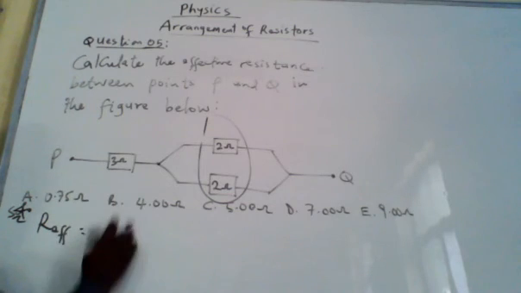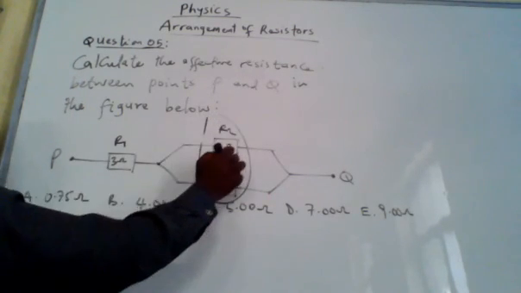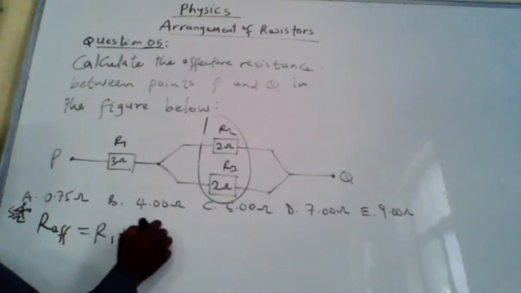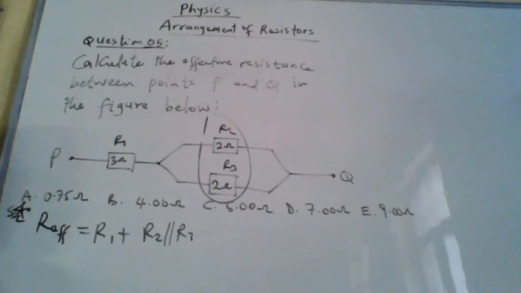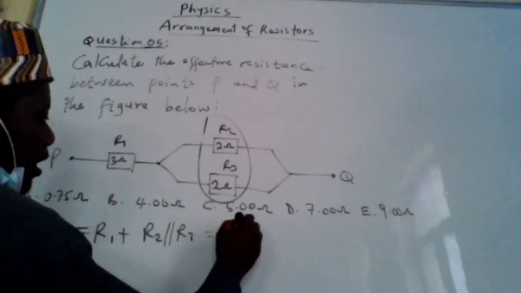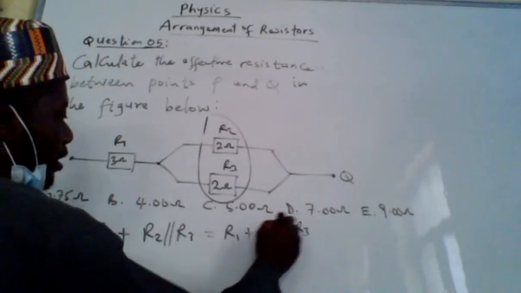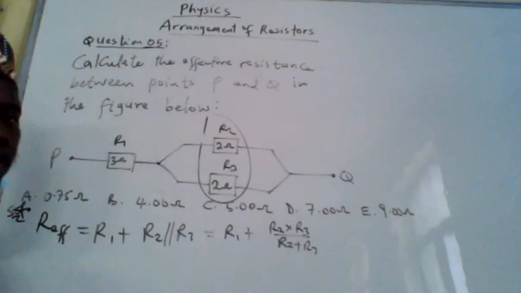Let me start with R1, R2, R3. So R1 plus R2 parallel to R3. That will be R1 plus R2 times R3 over R2 plus R3.